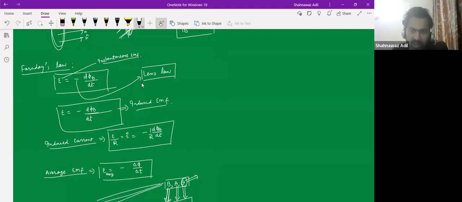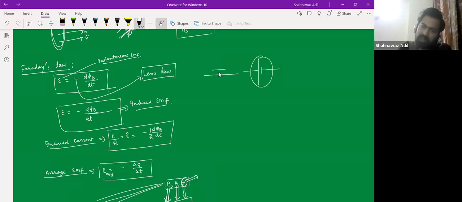This minus is Lenz's law. It tells about the direction of the EMF, right? What would be the polarity of this EMF? What is the positive terminal? What would be the negative terminal? This is told by this EMF. And what would be the direction of the induced current? Lenz's law states that the direction of the current will try to oppose the change.